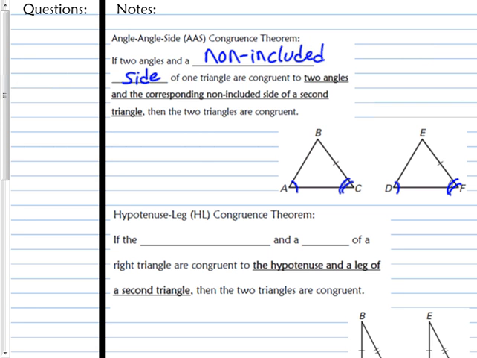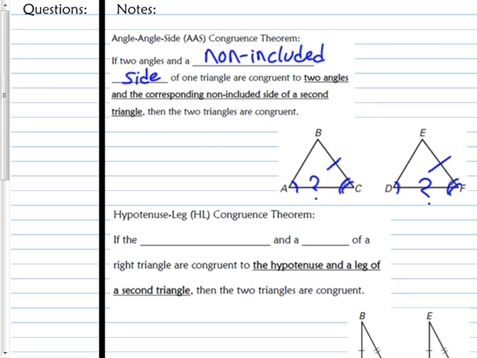There also is a congruent side. BC is congruent to EF, but notice it's not that included side, okay? It's a corresponding side, but it's not the side that's between the two congruent angles. As long as we have two angles and another side, we can prove triangles congruent.